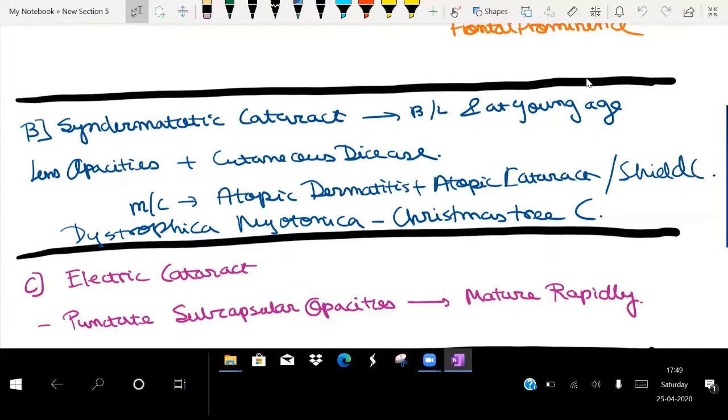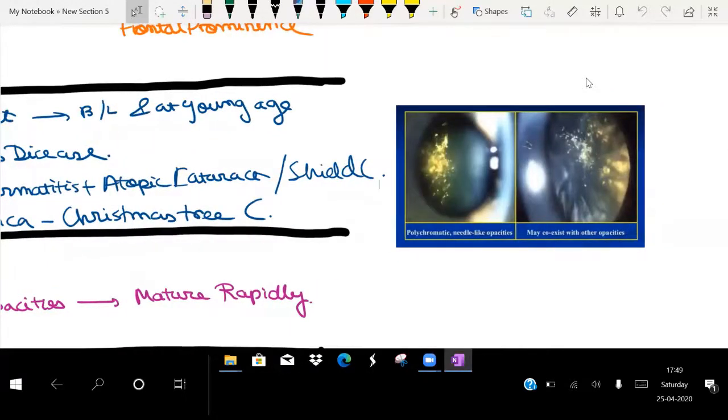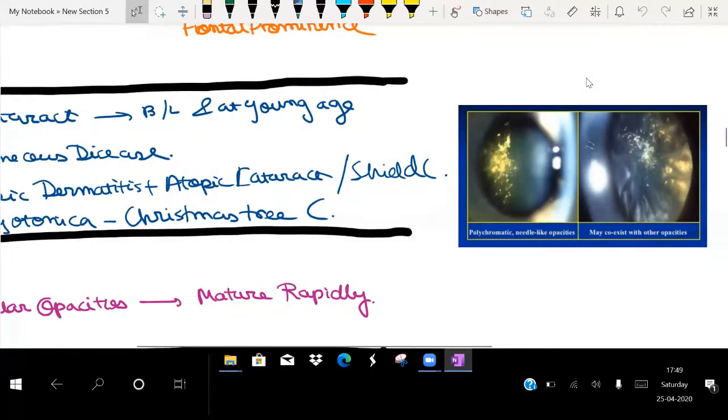The most common that we see is atopic dermatitis plus atopic cataract, also called the shield cataract. The second one that is very important is dystrophia myotonica, which shows Christmas tree cataract. In this image, we can see the Christmas tree cataract showing needle-like opacities.